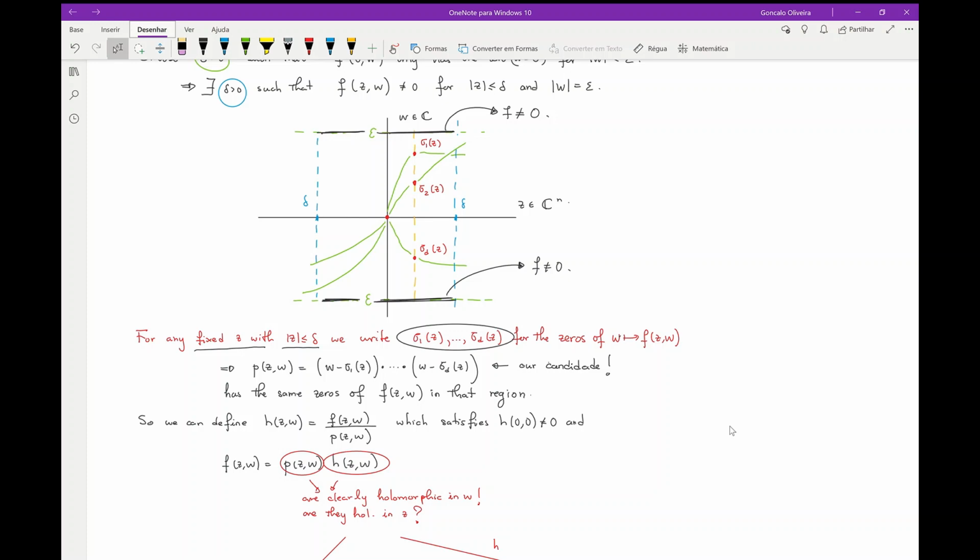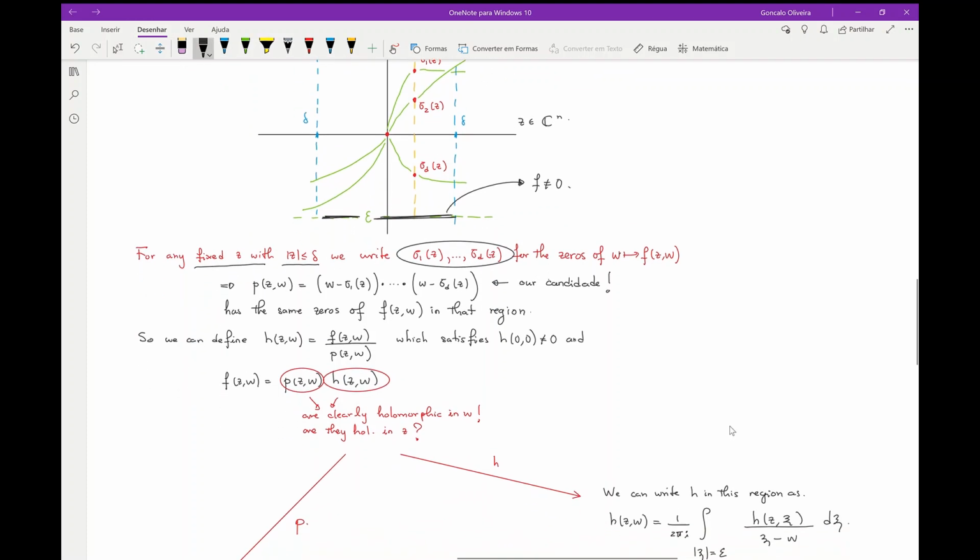Okay, so back from this small technical problem. Remember, we were in this sigma 1 up to sigma d. These were the zeros of this function here, but counted with multiplicity.